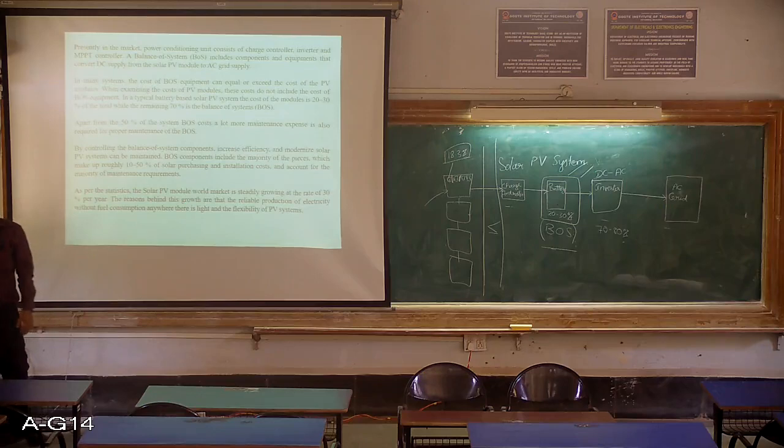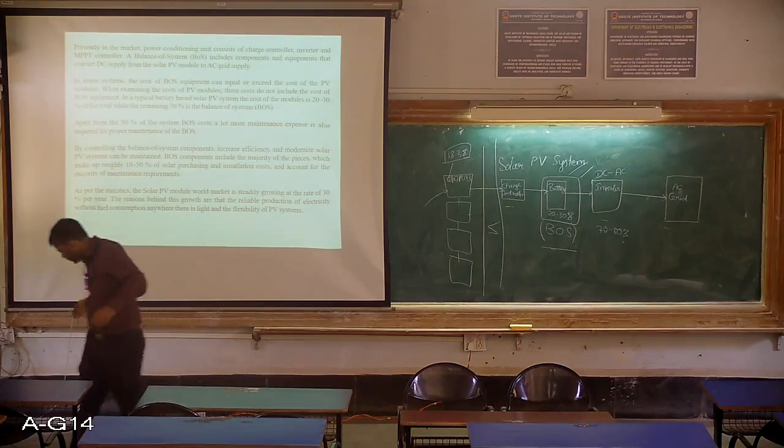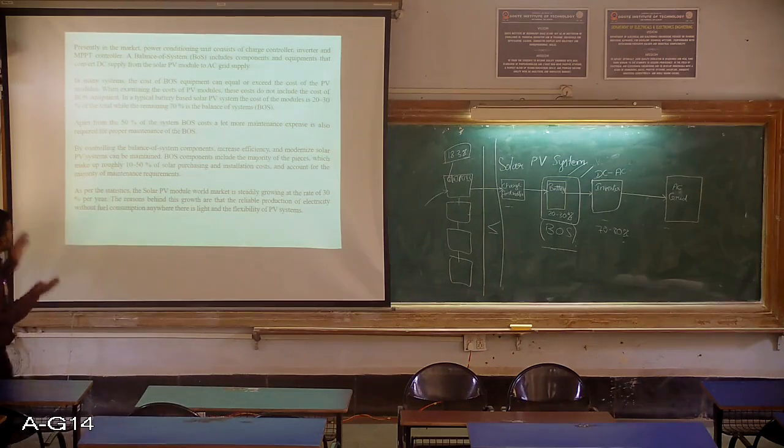And then we have discussed the difference between the solar array and the BOS, and how the cost will vary, and we have discussed the cost of BOS and the cost of the solar system, and then the maintenance cost, and how the BOS cost depends on the battery sizing or battery capacity.